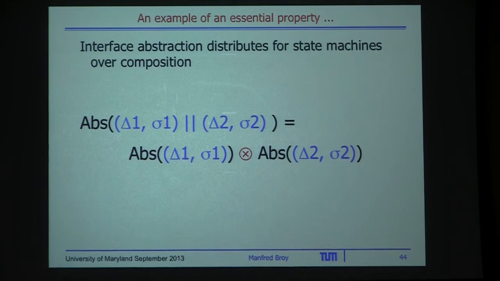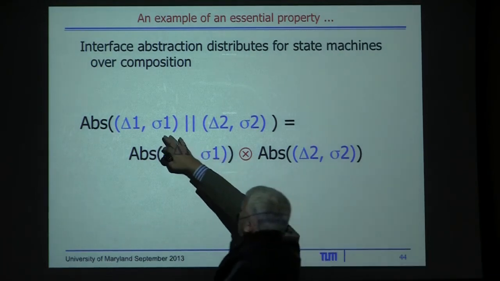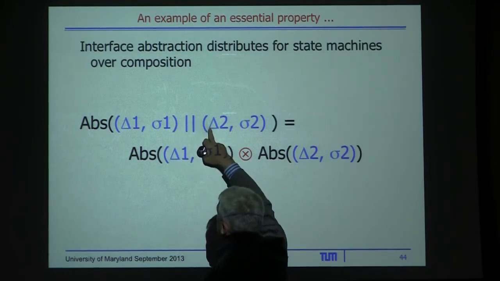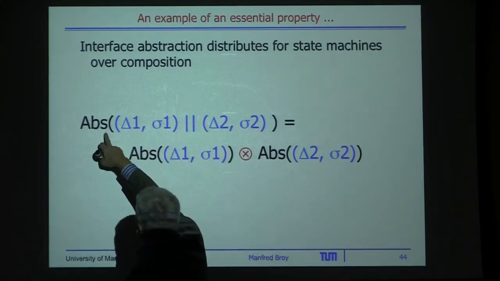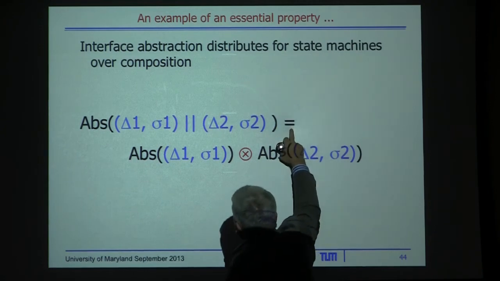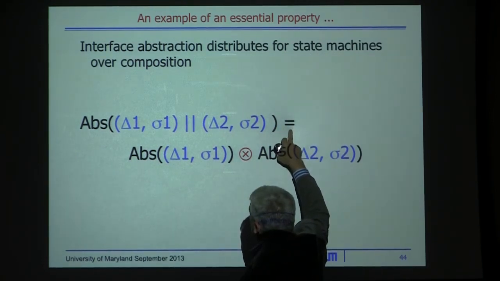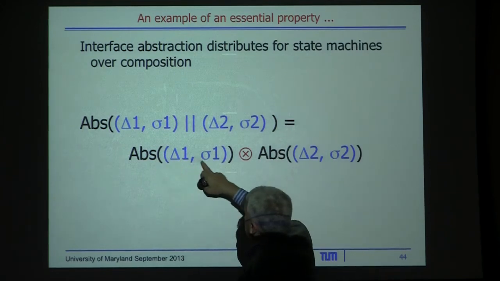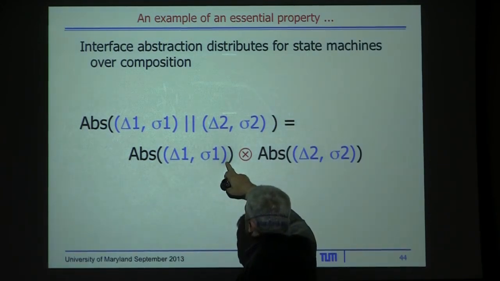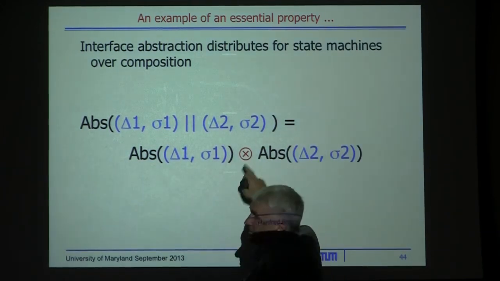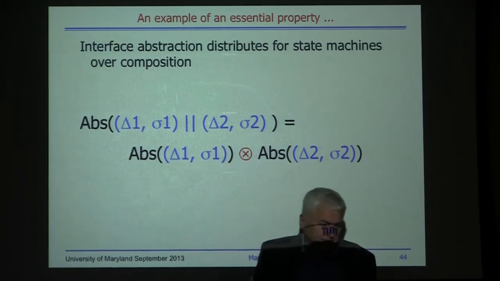This law says the following. If I have two state machines, and I put them together as state machines, and I do the interface abstraction, I'm guaranteed in the modeling approach that the result is equivalent to what I get if I do the interface abstraction of the state machines first, and then put together the interface behaviors.